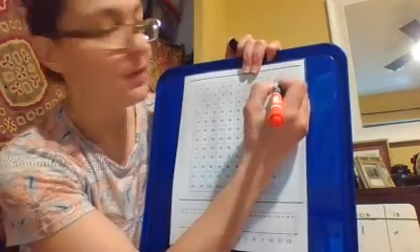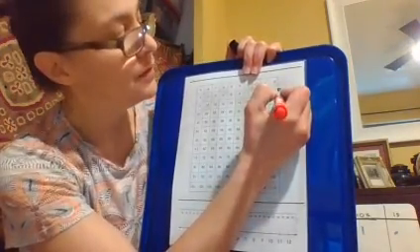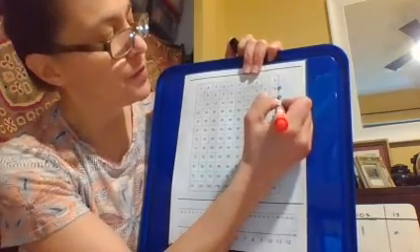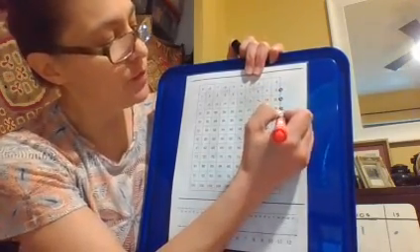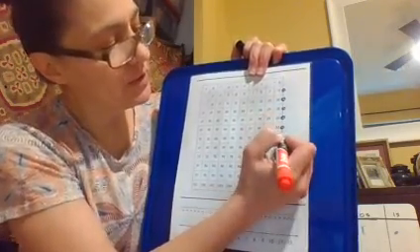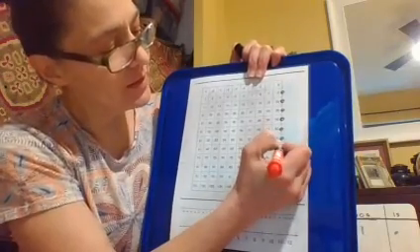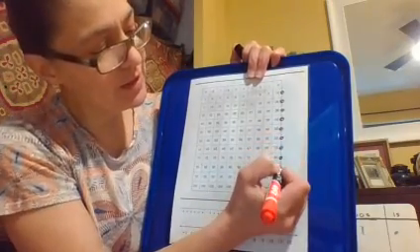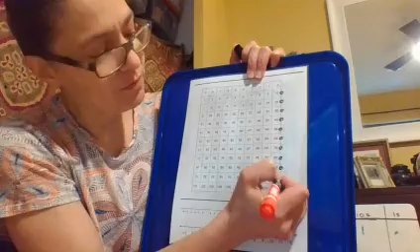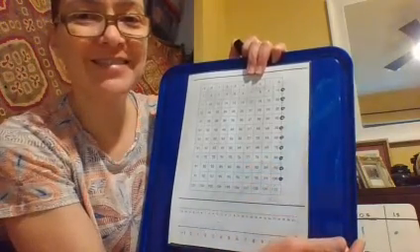0, 100, 200, 300, 400, 500, 600, 700, 800, 900, and 1,000. Okay? We counted by hundreds.